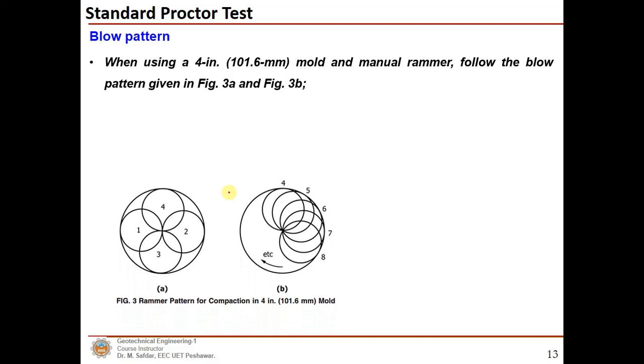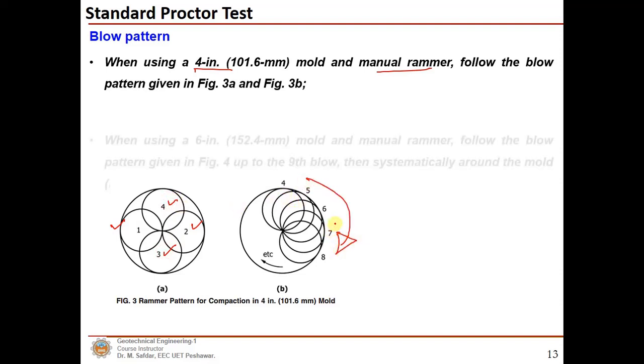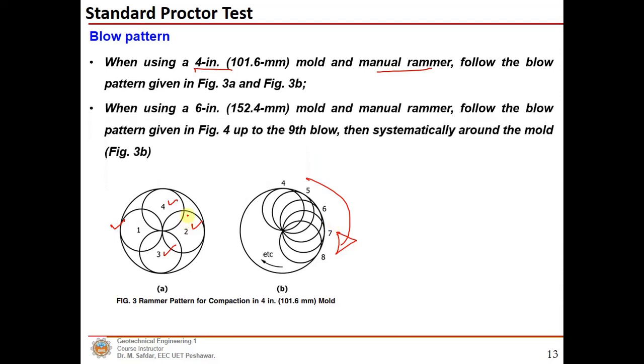Now explaining the blow pattern. When using a 4-inch mold and manual rammer, we need to follow a blow pattern. For example, 1, 2, 3 and 4, then you can go and compact the soil in a clockwise direction, and that was for the 4-inch mold.